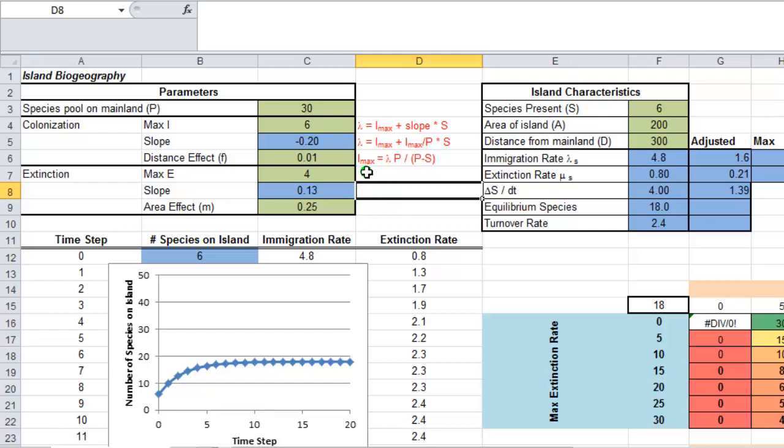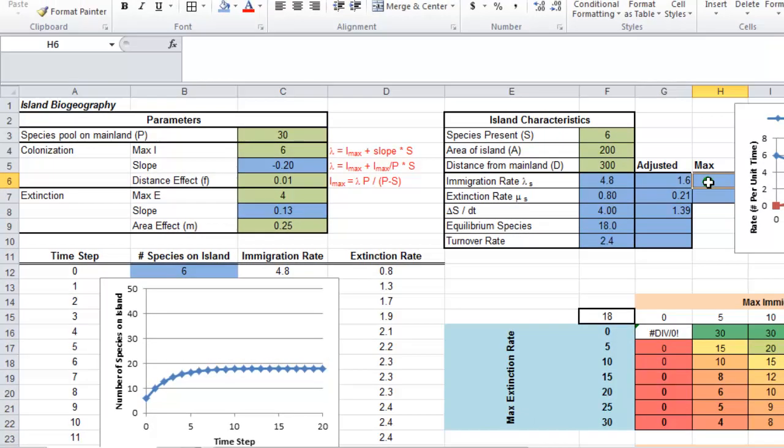And here it is. The maximum I is equal to the lambda value times P, the species pool, divided by the difference between the species pool and our current number of species. And we want to set this up here because we want to use our new lambda value, which we just computed. So let's enter this equation here. So max I is equal to lambda times P, the species pool, divided by the difference between the pool and the number of species present.